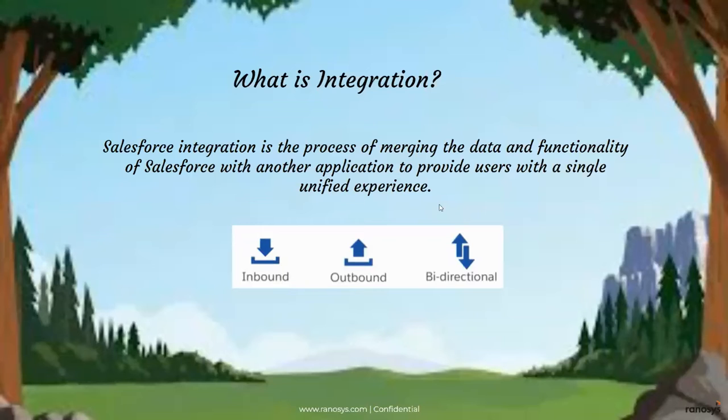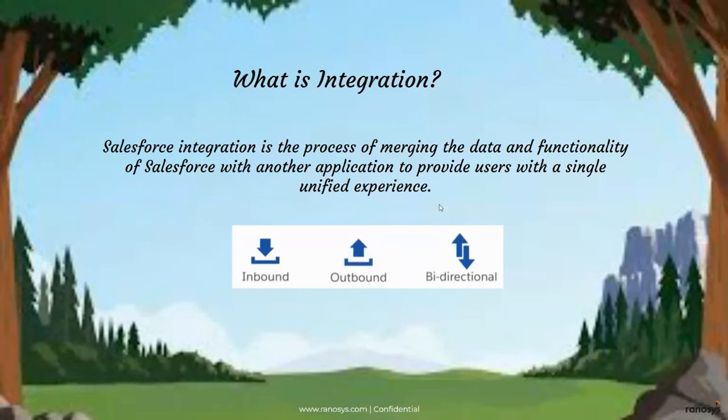So you are making the payment on a different website, but you are receiving the order confirmation on a different website. This is all because of integration. So in general terms, we can say that two systems communicating with each other, exchanging some data or information, is integration. Let's talk a bit about types of integration.